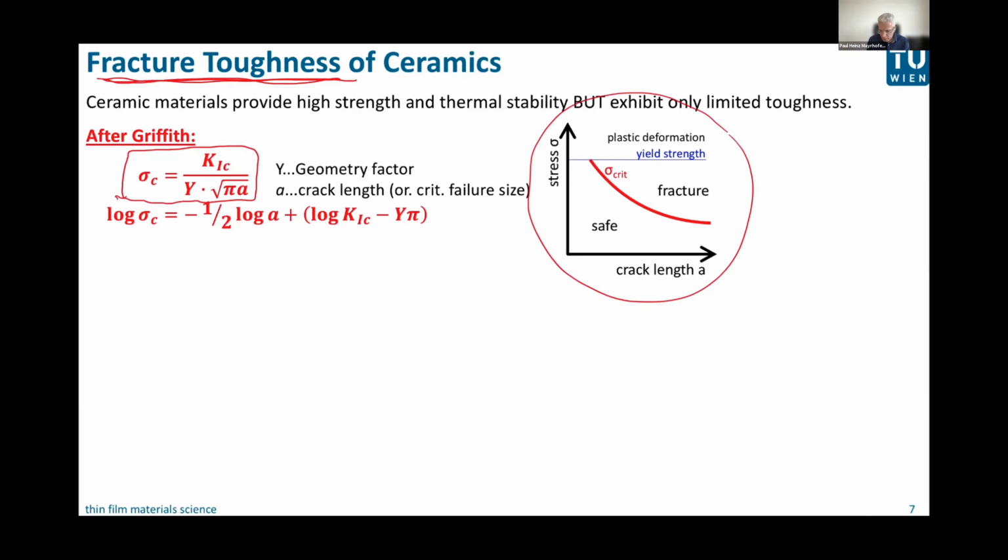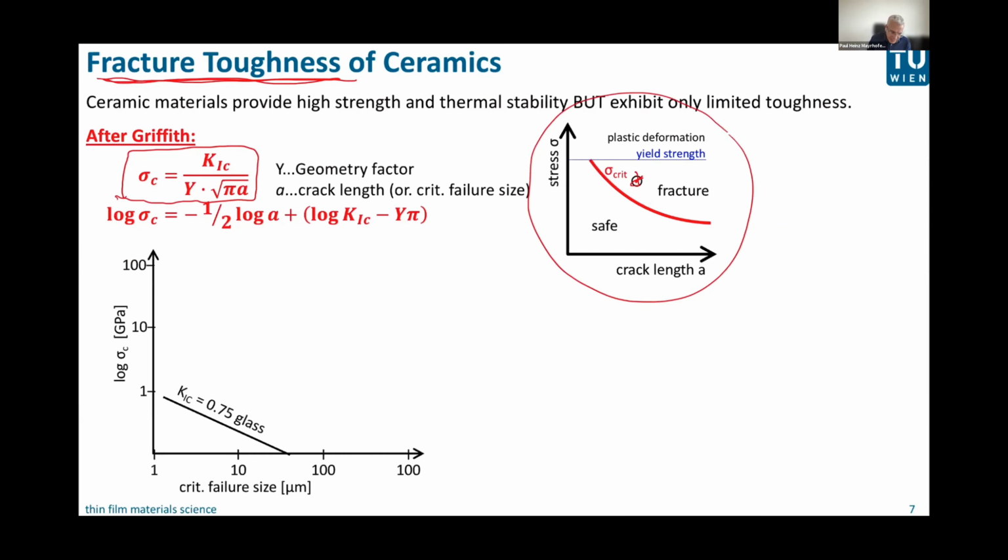That's here. Our loading here, that is our loading field, and we would be in fracture mode. This plot here is just the logarithmic version of the same Griffith's criteria, right?